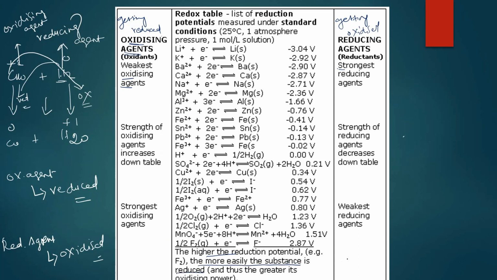If the E naught value is highly positive, it can get easily reduced. On the opposite side, if it is more negative, it can be easily oxidized. So this is a table of standard electrode potentials, and by using this, we can find out the reactivity of elements.